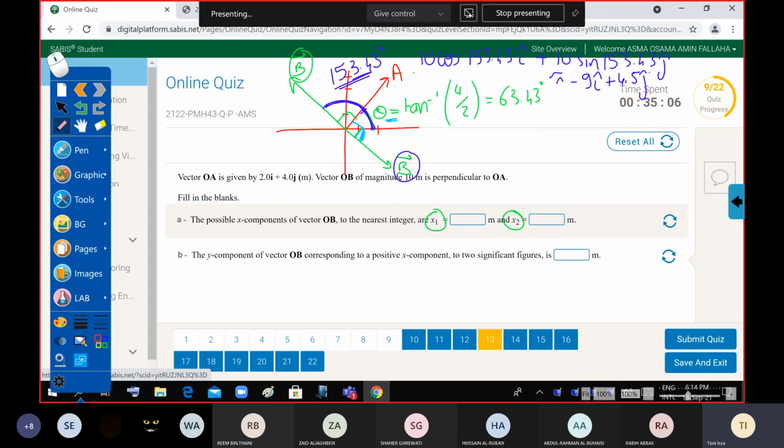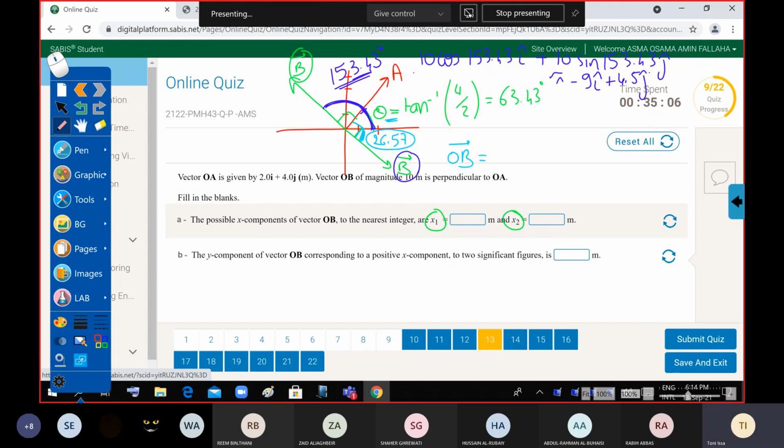So what we do now, we subtract the 63.43 from 90, we will get 26.57. It will be 90 minus 63.43. Yeah, 26.57.